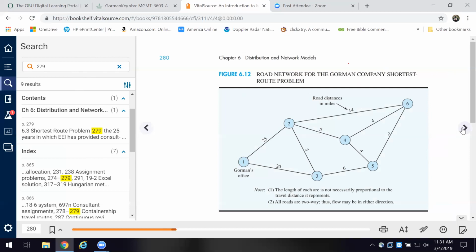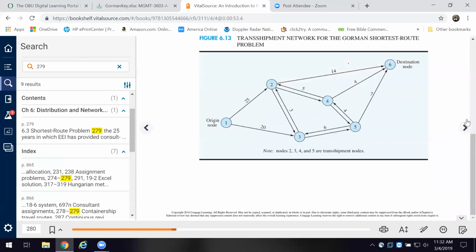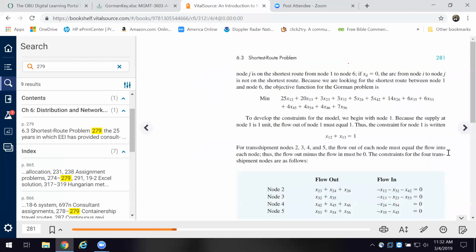Sometimes it won't make sense, but again, that's because a machine may not have intuitively the real feel of the land. But here they've developed a model, okay, and then we have a transshipment network, okay, and then we move on and we start to build the model based on flows.